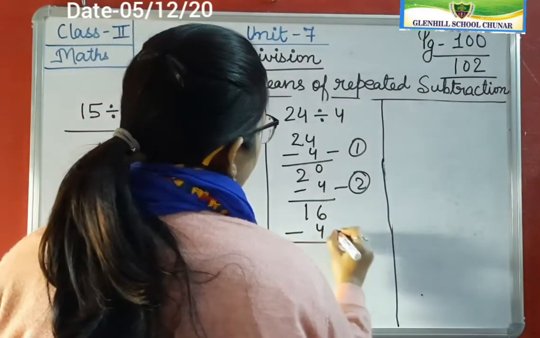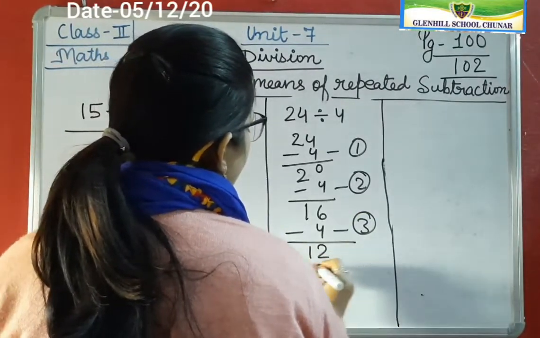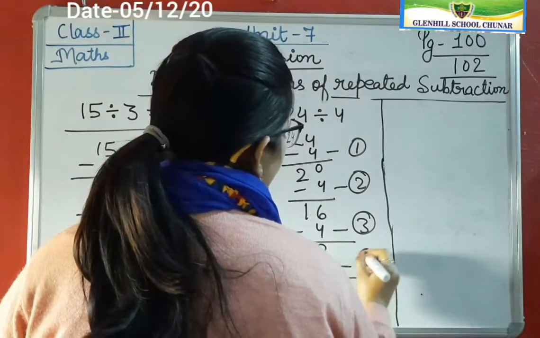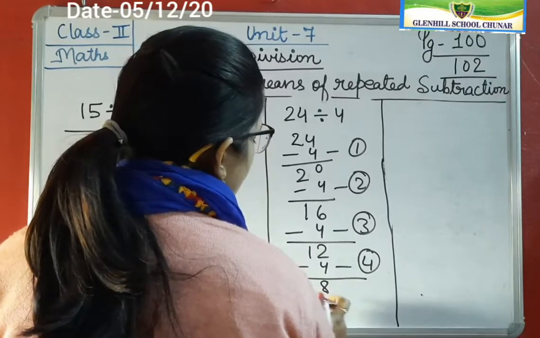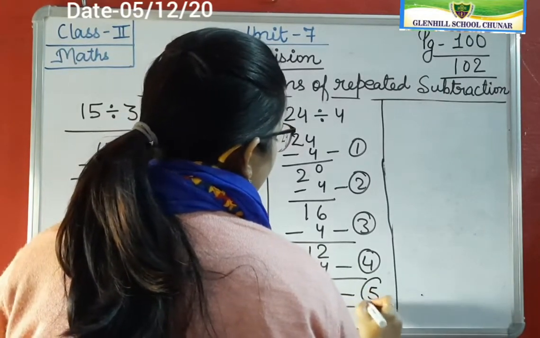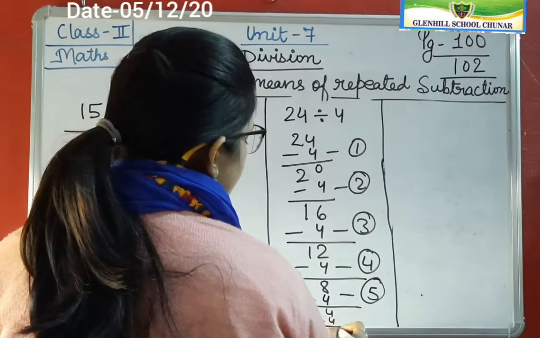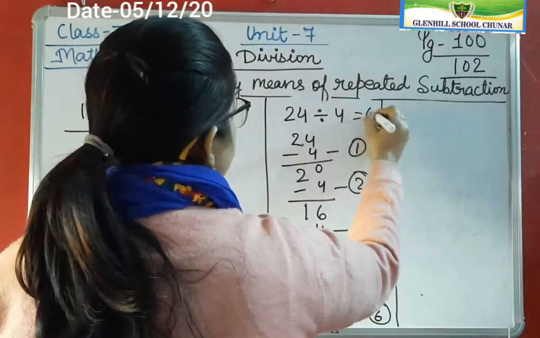Again minus 4, 3 times, 12. Again minus 4, 4 times, 8. Again minus 4, 5 times, 4. 4 minus 4, 0, 6 times. So the answer is 6.